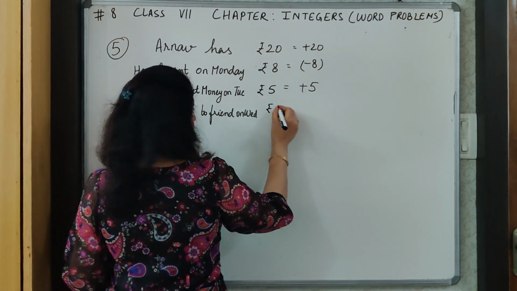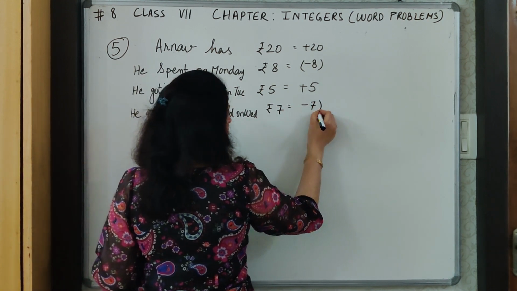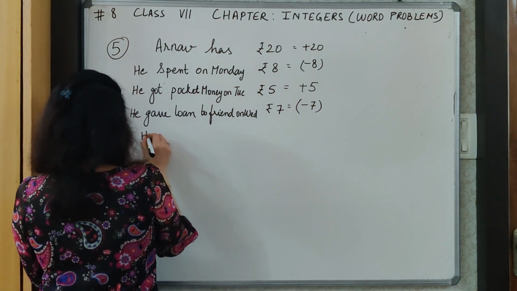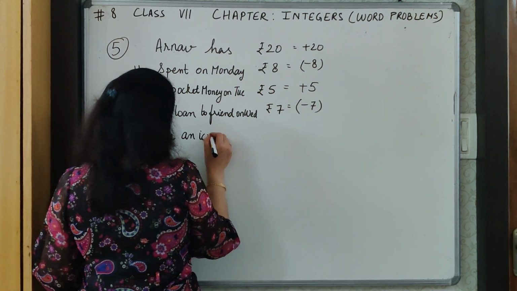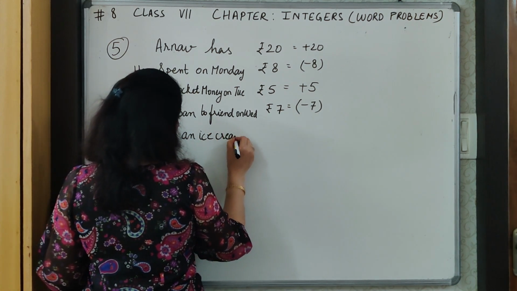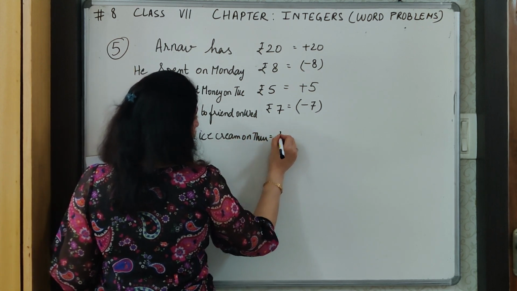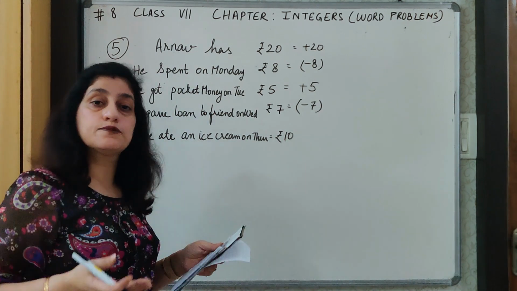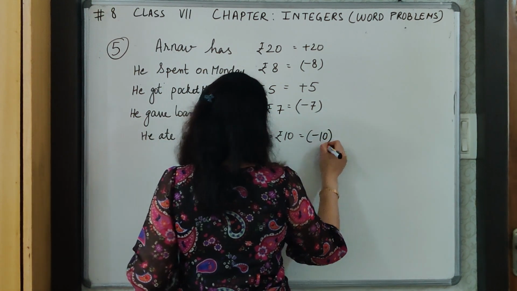Rupees 7. Now this he has given away, so this will become minus 7. Then he ate an ice cream on Thursday for rupees 10. When he is eating an ice cream, again he is spending. So this will also become minus 10.